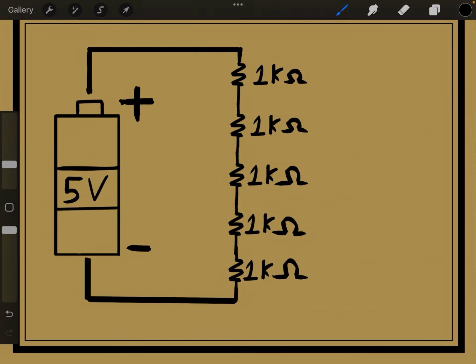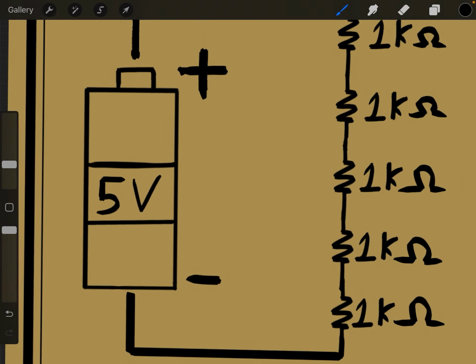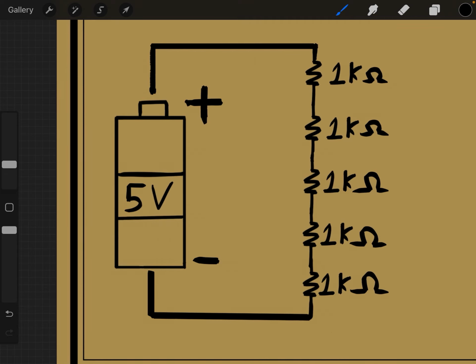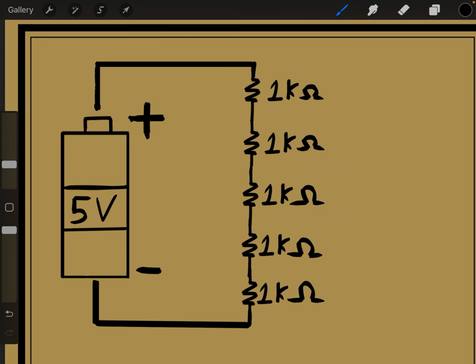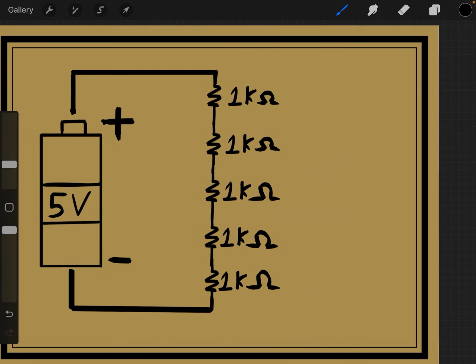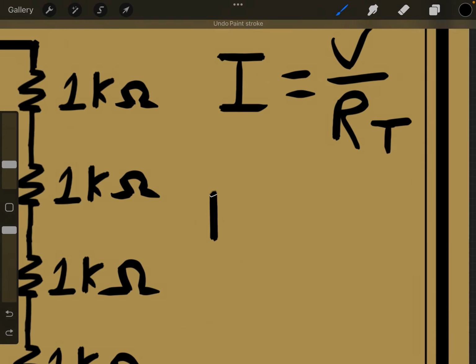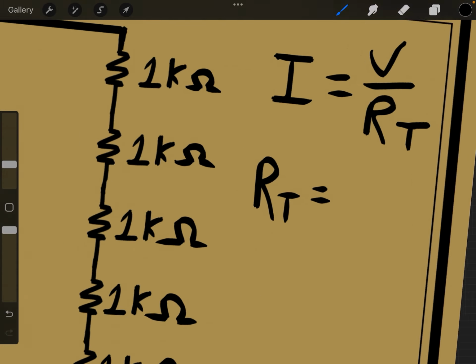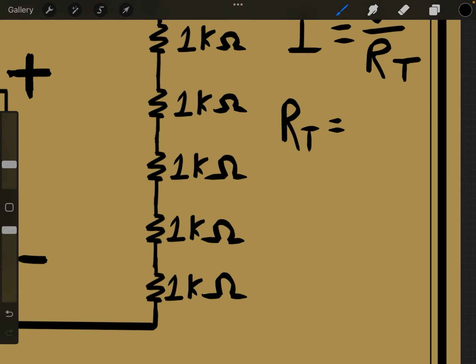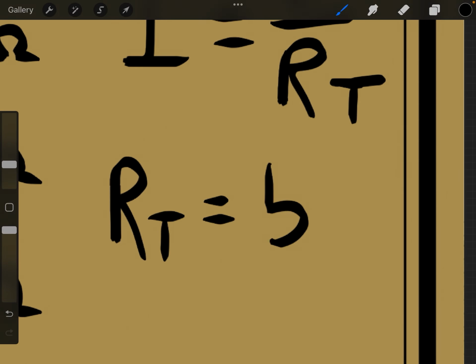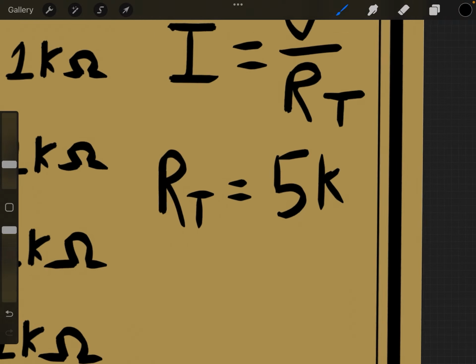I want you to take, for example, this circuit. This circuit is similar to the other ones that we've seen, except now we've got 5 1 kilo ohm resistors in a row, and we've got a 5-volt battery. So if we wanted to find the current going through this circuit, we could use Ohm's law to say that I must equal V divided by RT, or the total resistance, where RT is equal to 1K plus 1K plus 1K, so equal to 5 kilo ohms.